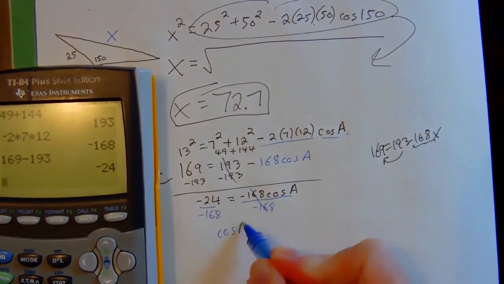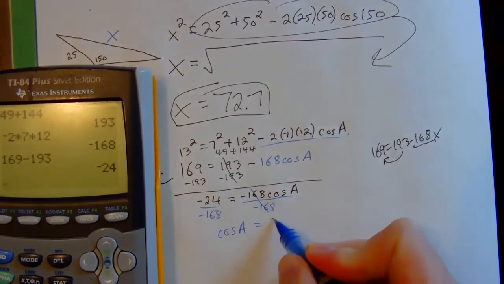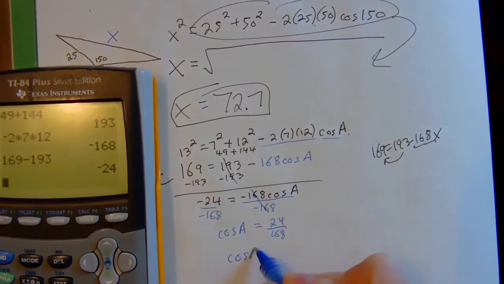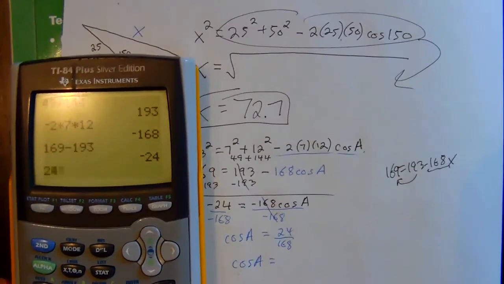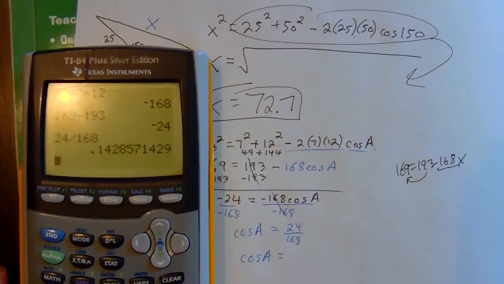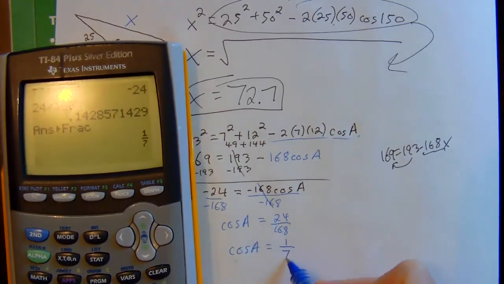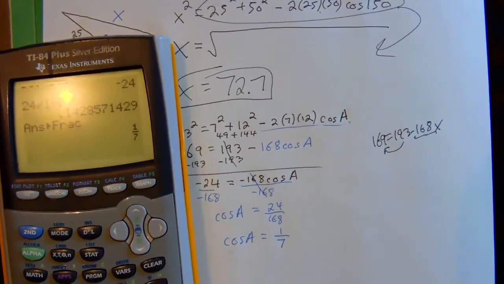And so you're going to get cosine of A equals, negative over negative is a positive, 24 over 168. If you want to reduce that fraction, the calculator will reduce it for you. Sometimes it can be reduced, sometimes it can't, but you don't really need to reduce that fraction.